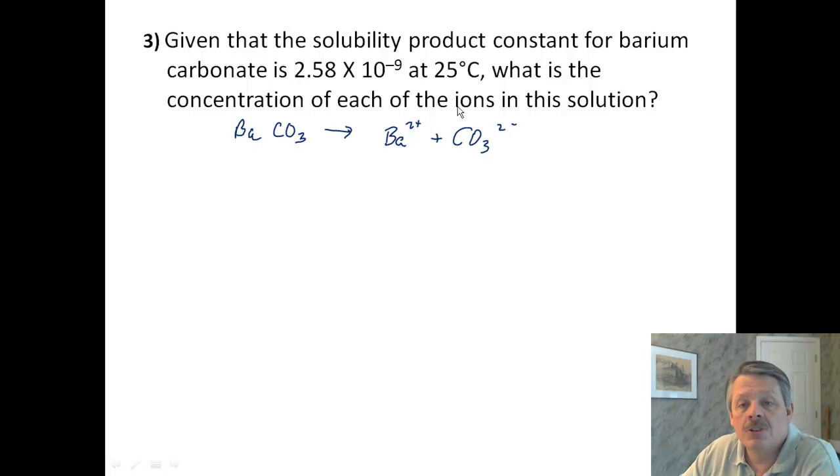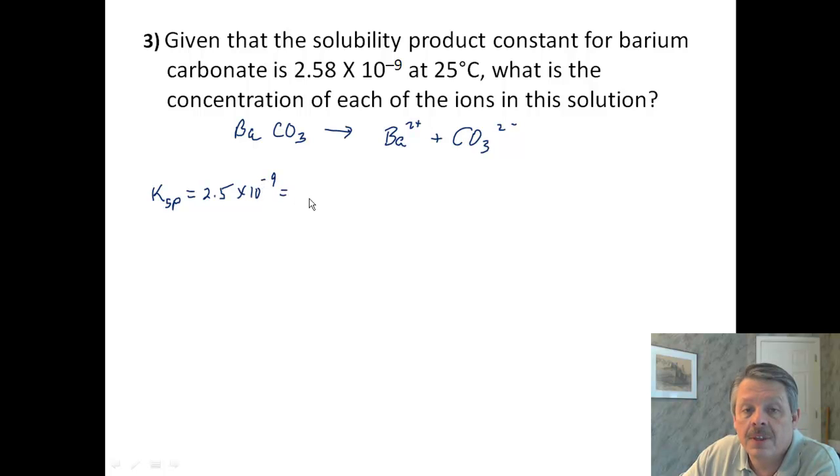What's the concentration of each of the ions in this solution? That's interesting. How would you figure that out? Well, we know that our solubility product constant is going to be 2.58 times 10 to the -9th, and that is going to be the concentration of barium 2+, which is aqueous, times the concentration of CO3 2-, and it's aqueous.